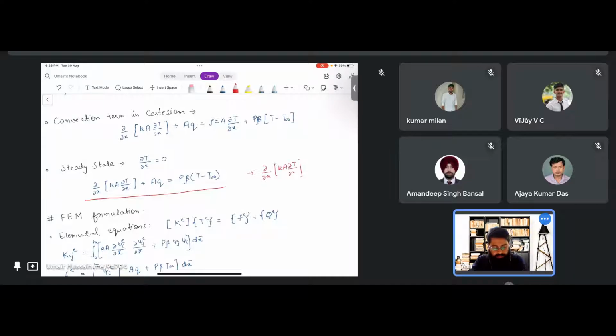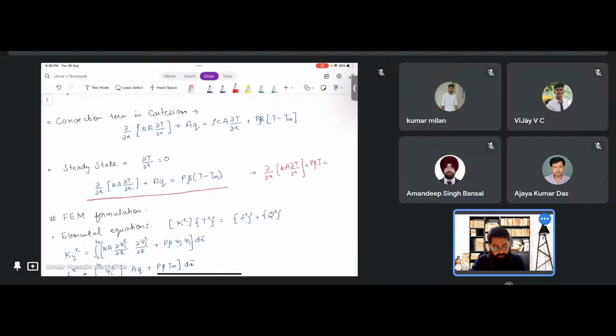We'll just take whatever the variable terms are together. So T is our primary variable here. And we have minus a minus p beta T. This is the constant term.